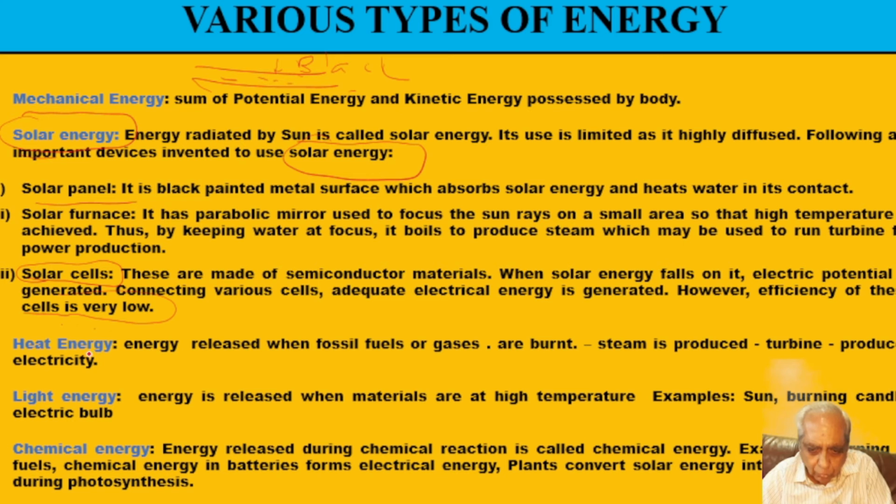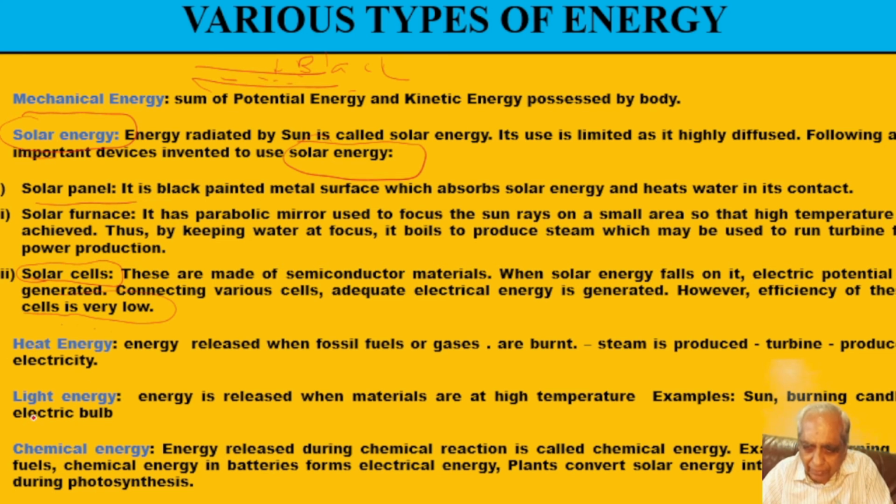But when we use nuclear fuel, we call it nuclear energy. Then light energy, like the bulbs and various things, when they become at a higher temperature, they emit light. So that is called light energy, because of which you can see, the eye becomes sensitive.